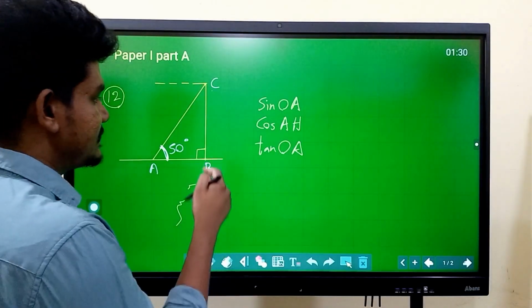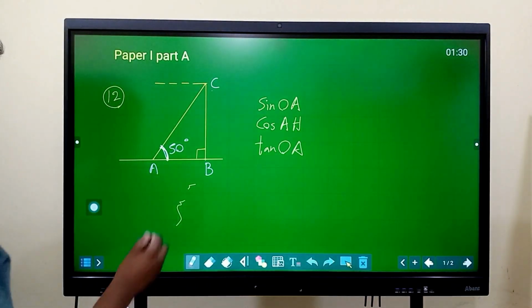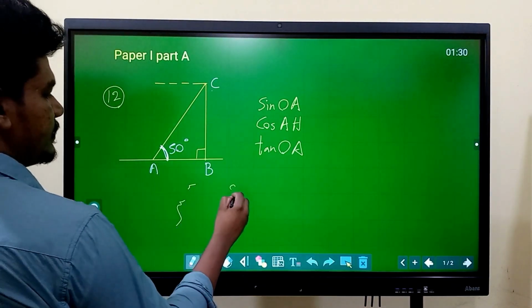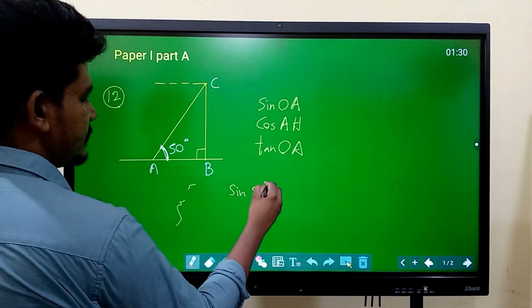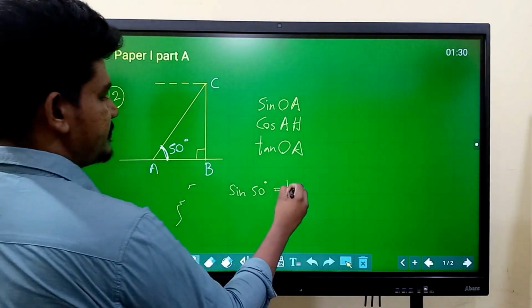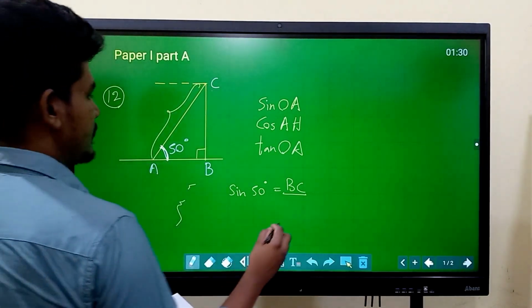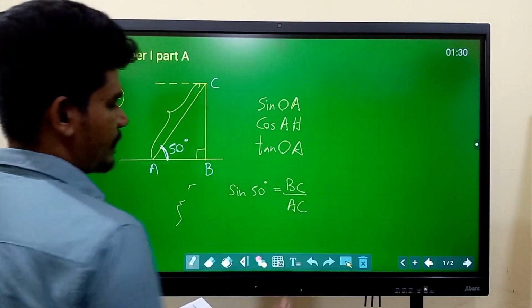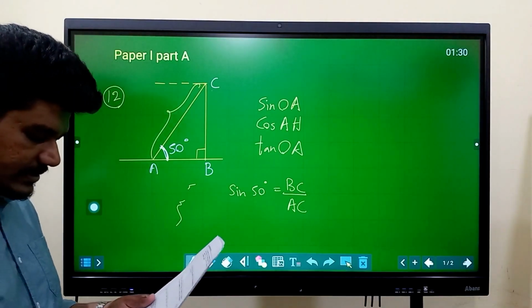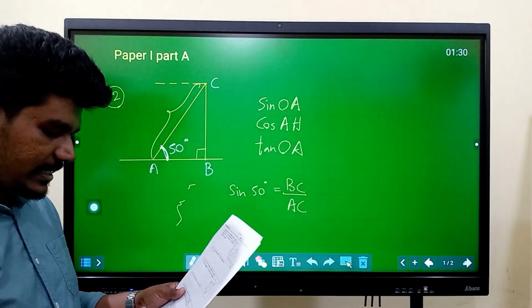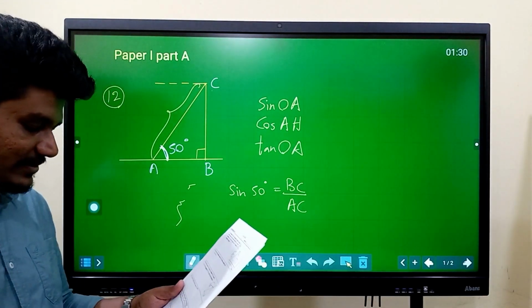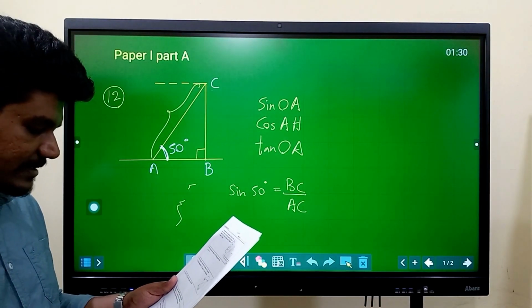Then sin 50 equals opposite over hypotenuse, that means BC over the hypotenuse. This is the hypotenuse, AC. Is it correct? Sin 50 equals BC over AC. Yeah, it's correct. Then select the correct statement and underline it.